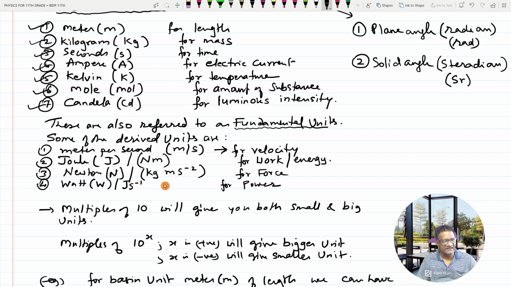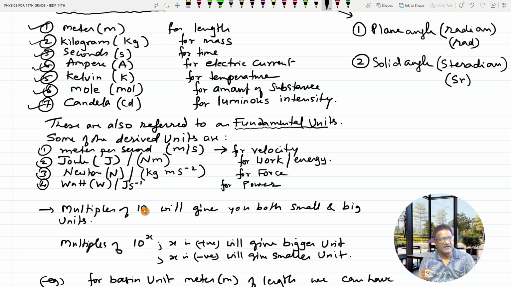Is that clear? Okay, so you came to know there are 7 fundamental units in the SI system, and using those you can make derived units also. Apart from that, you have 2 supplementary units, plane angle and solid angle.